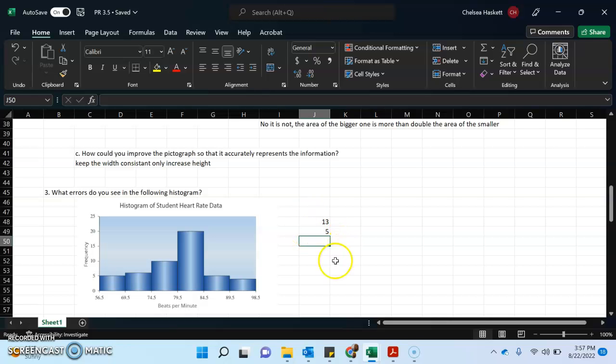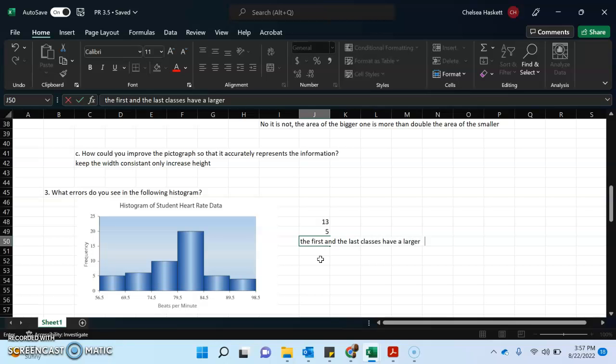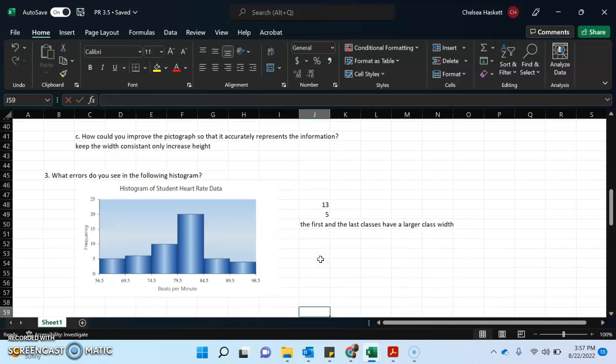Well, there's a problem there. The class width is different. If we check all of them, you will find that the first and the last classes have a larger class width, and that is a problem, because it should be consistent all the way through.